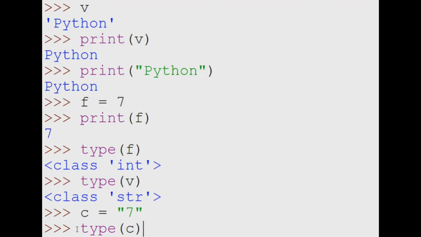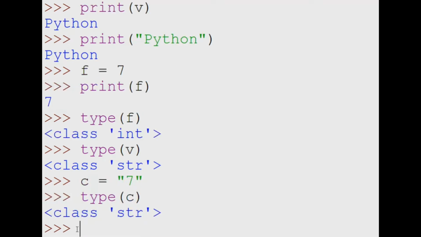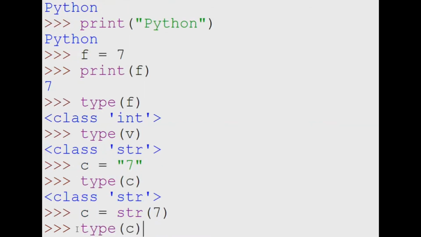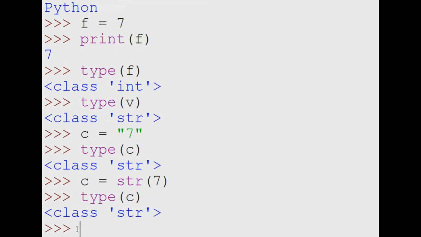It is a string because I wrote it in double inverted commas. We can also write str of 7, and it will give a string. And if I type int of 7, it will give us an integer.